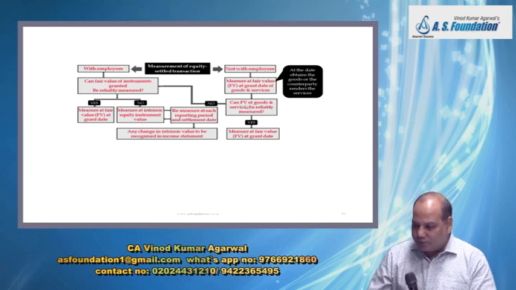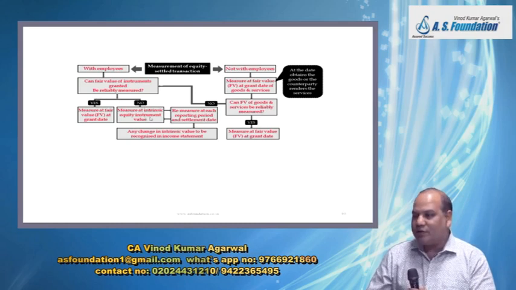First you check, can the fair value of goods and services be reliably measured? If the answer is yes, come to this side. Measure at fair value. If the answer is no, follow this arrow. You come to this now. Can the fair value of the equity instrument be measured? If the answer is yes, equity. If the answer is no, intrinsic value.